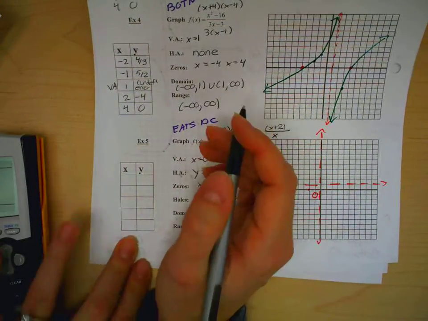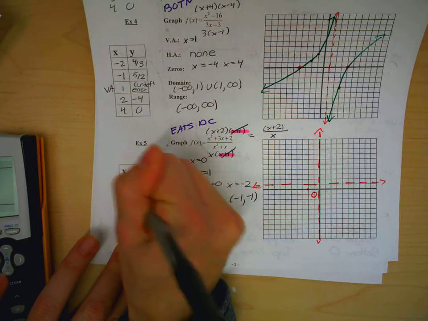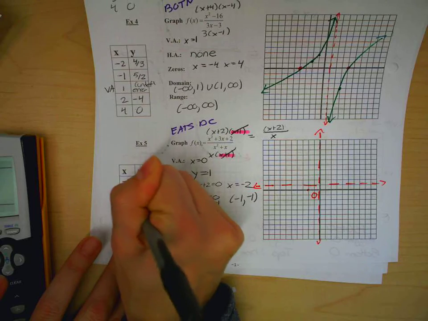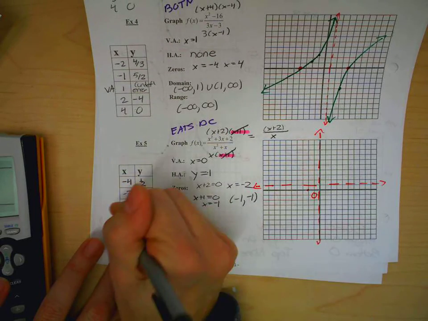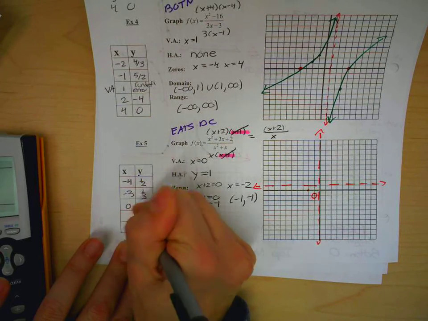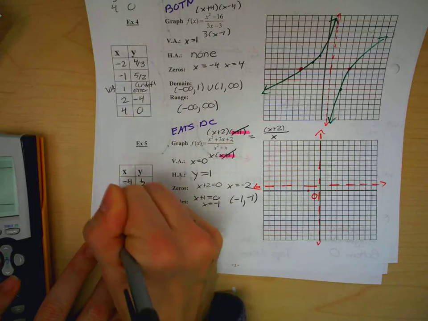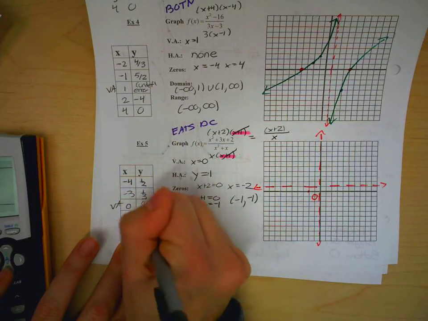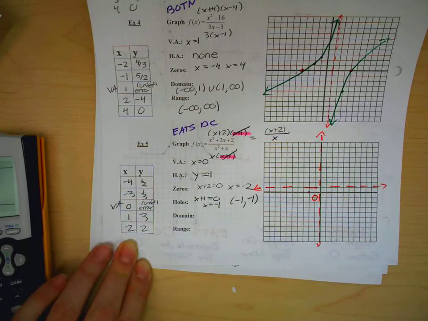So 2 above and 2 below your vertical asymptote. -4, 1/2. -3, 1/3. And then I've got 0. That's my undefined. 1, 3. And 2, 2.